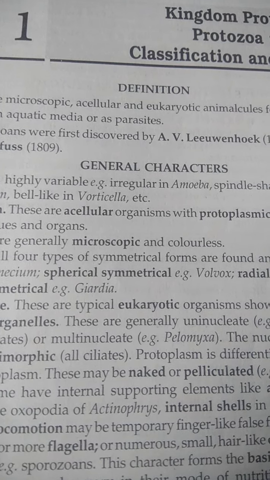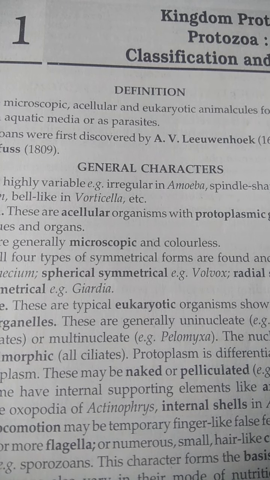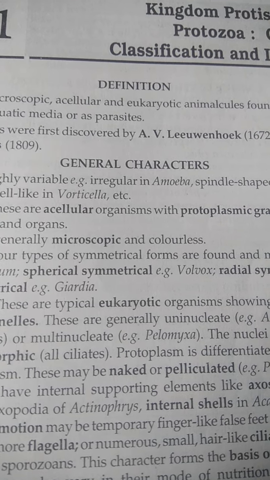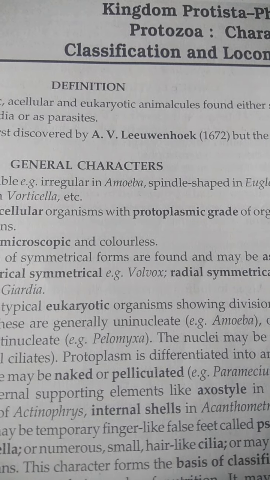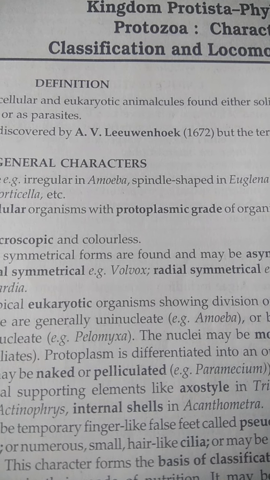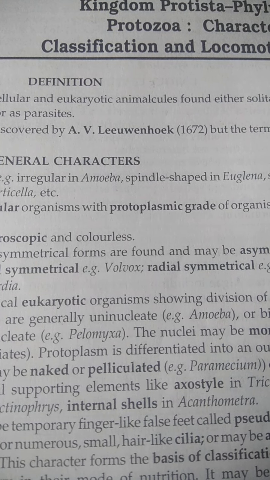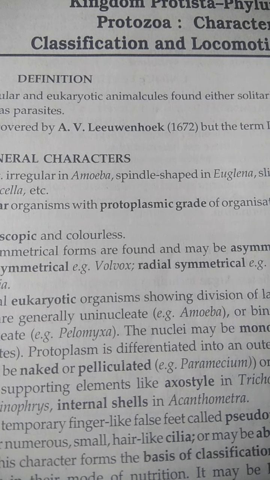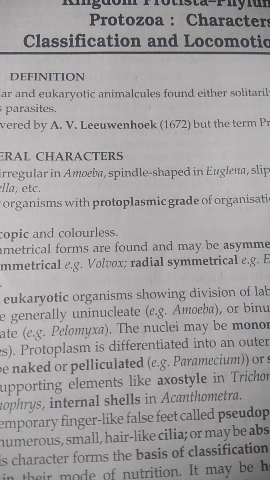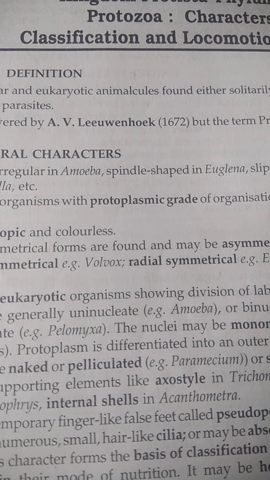Acellular means they are single celled organisms. Eukaryotic means these organisms are membrane bounded. Each of the contents in one cell, because they are unicellular, such as the nucleus, the Golgi bodies, the mitochondria, or anything you can name, are all membrane bounded.